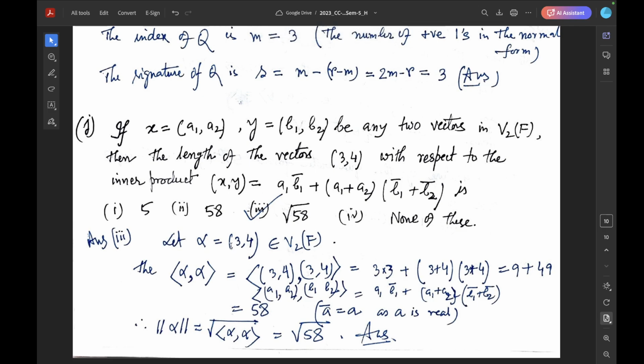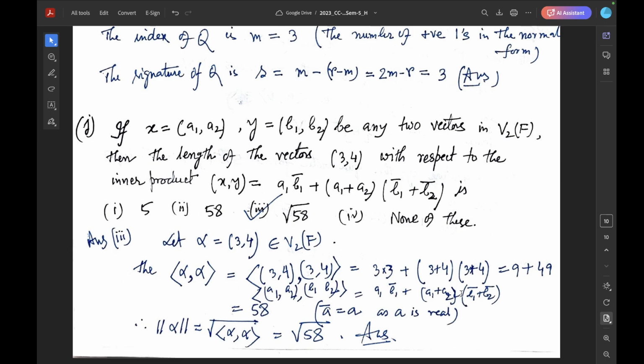Let alpha equal to (3, 4), this belongs to V2(F). Now the inner product of alpha, alpha equals A1 B1 bar, where B1 bar is the complex conjugate. Here B1 is a real number, so B1 bar equals B1.